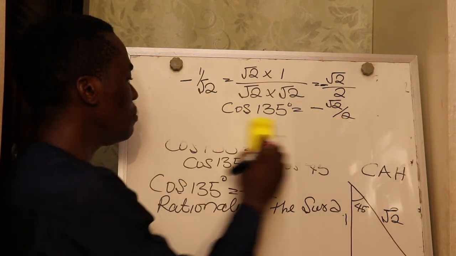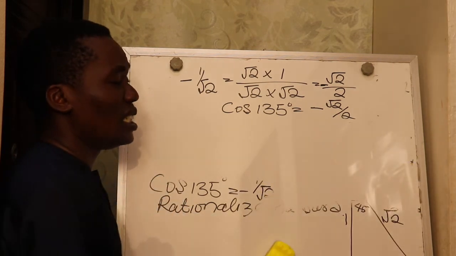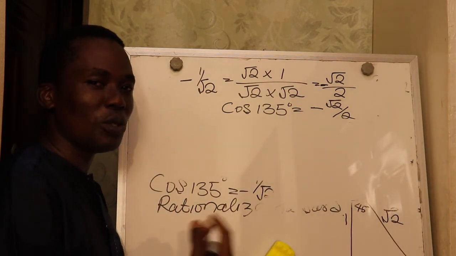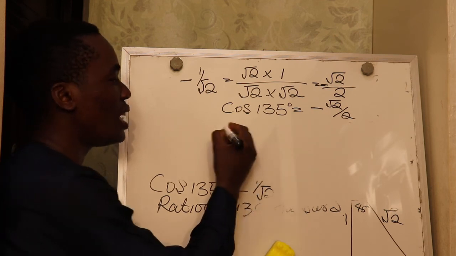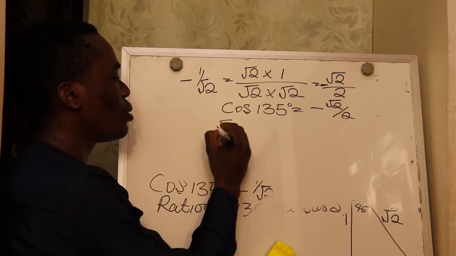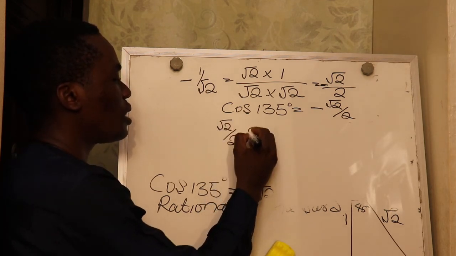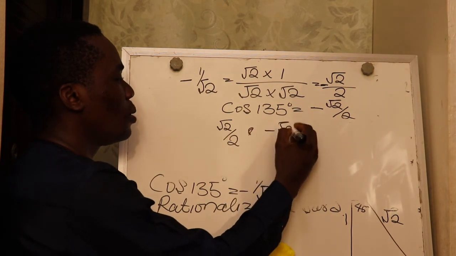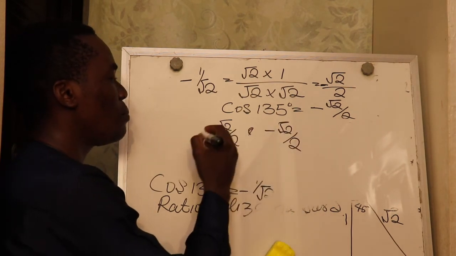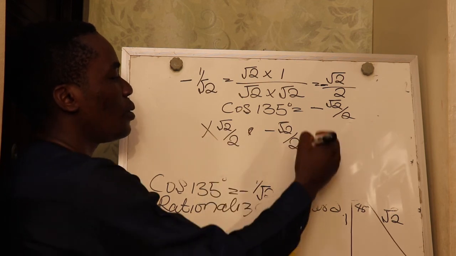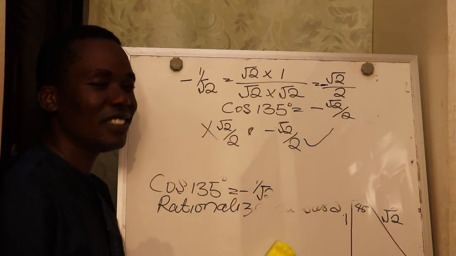Now you see why it is very important that you should know what you are doing when you are solving a question in JAMB. JAMB will make things so tricky for you that you choose the wrong answer thinking it is the right answer. You are going to see root 2 over 2 in your options, and you're going to see minus root 2 over 2 in your options. Many persons will take this to be wrong, but the right answer is this.